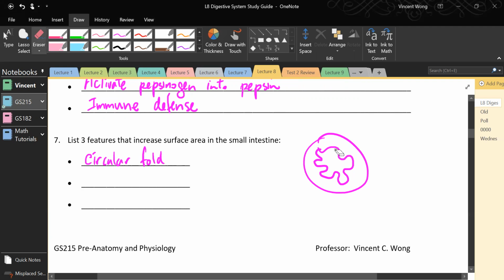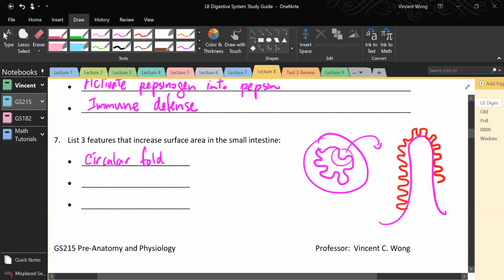If you zoom in onto one of these circular folds, you will see that on them there are these mini folds. The mini folds are called the villi. Villus is singular. Villi are these finger-like projections on top of the circular folds.